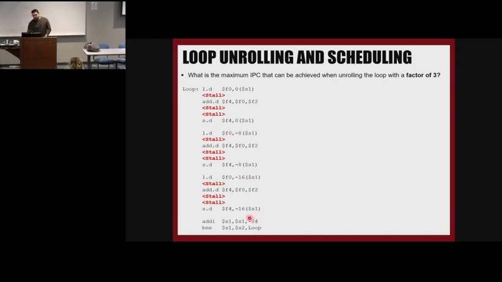That means we have to change this add I to add I -24 because we have a factor of 3. So this is a loop unrolled with a factor of 3. We repeat the body of the loop 3 times and change small things like these offset values and the add I value to -24, and that works. Does this make sense?